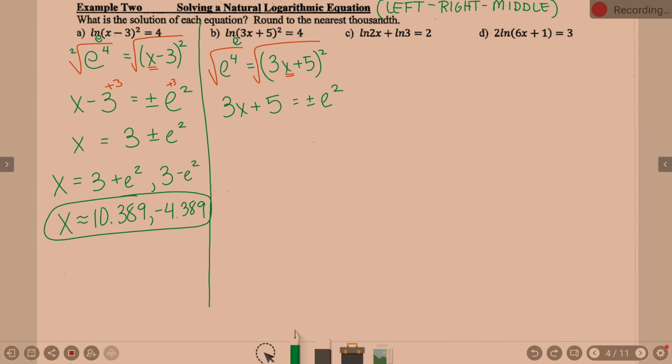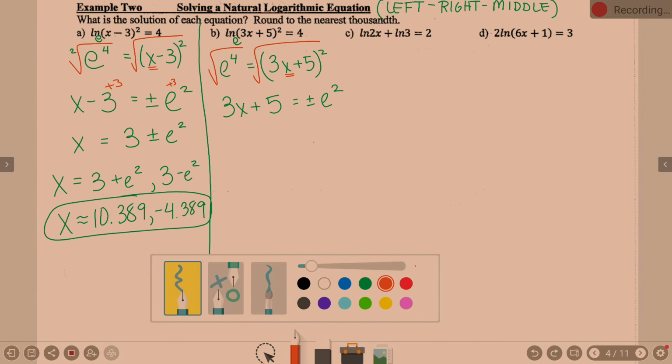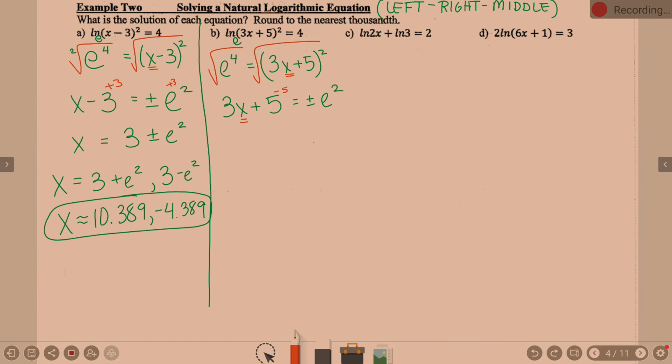Okay. If it's 3x plus 5, solving for x, I'm going to subtract 5. When I subtract 5 on this other side, my recommendation is that you put the negative 5 out front. So negative 5 plus or minus e squared. And how do I get x by itself?